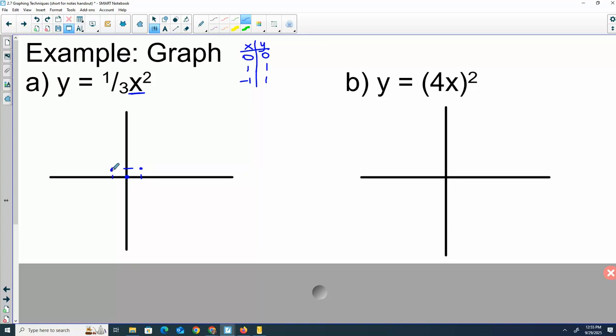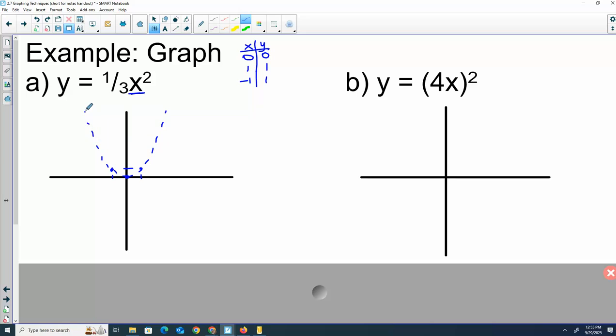As we do more of them, hopefully we're getting to the point where we recognize when I see x squared, I'm looking for a parabola. If you weren't sure, you could always do more points. If you put in 2, 2 squared is 4, -2 squared is 4. So that's our parent.